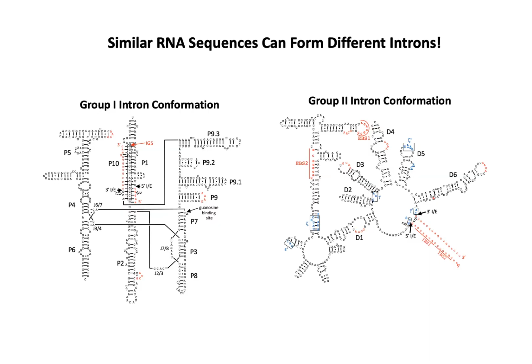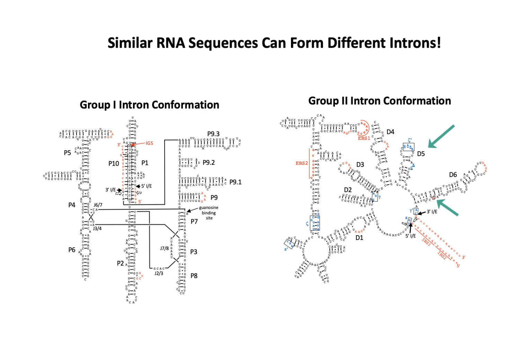So in this one location, if you take the same sequence, then you can actually form that sequence into a group 1 conformation. Makes a perfectly good group 1 intron. But if you fold it in a slightly different way, it looks like a perfectly good group 2 intron, including having the conserved D5 domain as well as the unpaired A in domain 6.